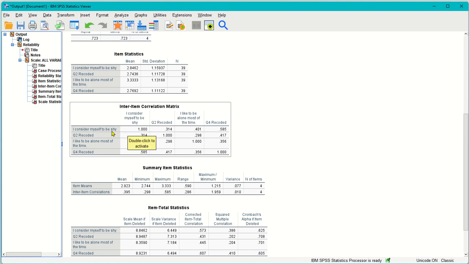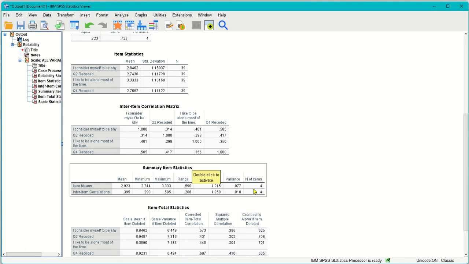That actually means you are comparing one question to itself. So you can think of the top corner here as a mirror of the bottom corner, right? I consider myself to be shy compared to the recoded number 2 question is also right here. The recoded number 2 question has the same as I consider myself to be shy.